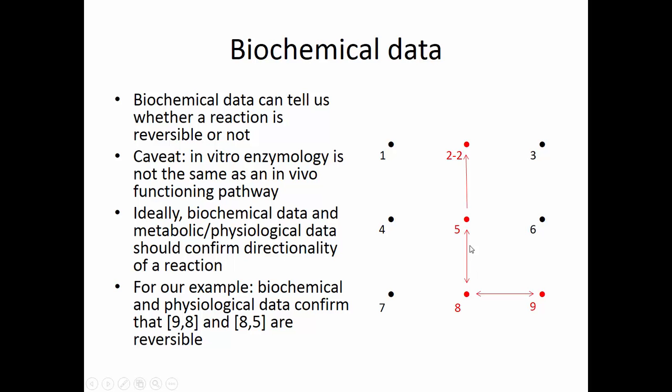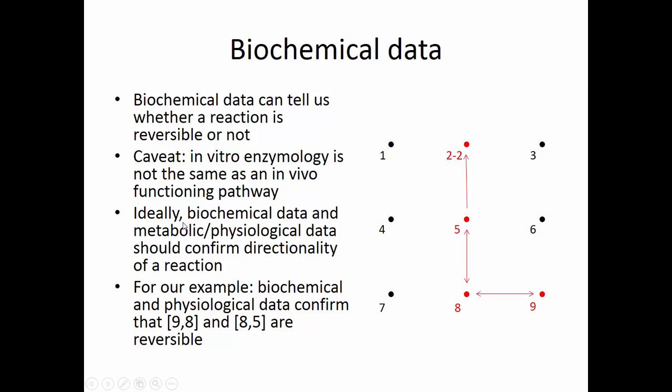So we can show that this 8 to 5 enzyme or 5 to 8 enzyme is indeed reversible in a tube. Same with this 8 to 9 enzyme is reversible in a tube. It may well be that's what it is in the cell, but we can't be 100% sure. But it does give us a little added data in our quest to give more granularity to the pathway here, to the network.